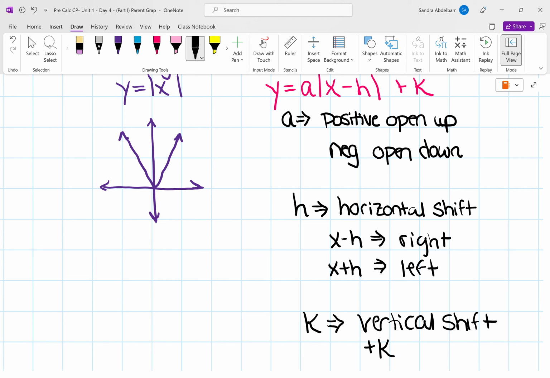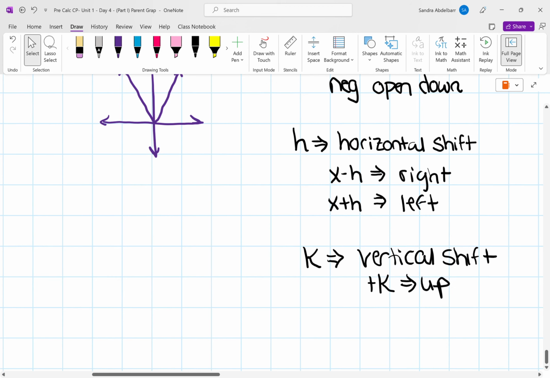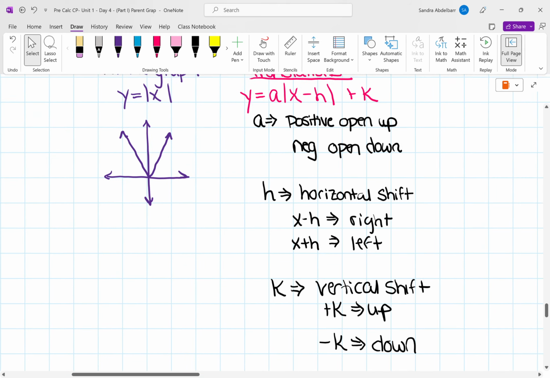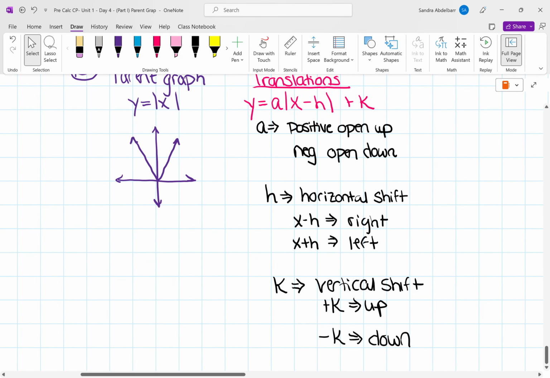And then k represents our vertical shift. Plus k is up, and minus k is down.